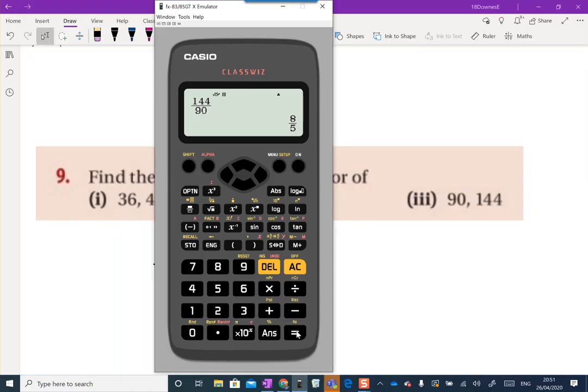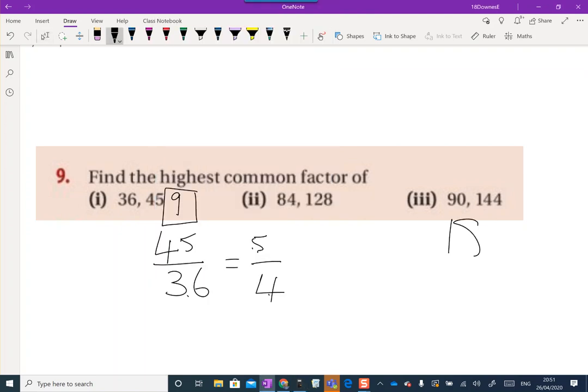Or divide 5 into 90 is easier. So you take your pick there, which one is easier, and 5 into 90 is 180. Now hold on a minute, am I getting the highest common factor or the lowest common denominator? 9 is the answer.